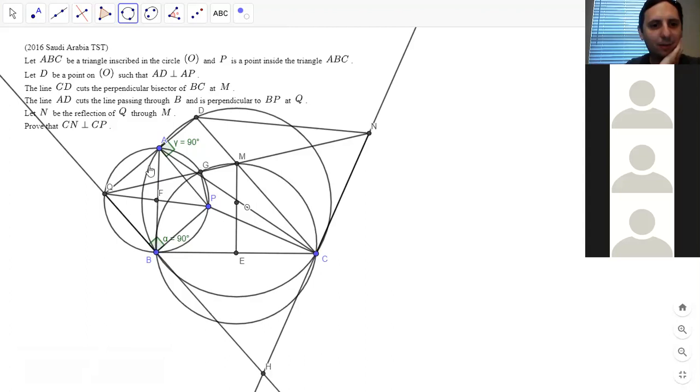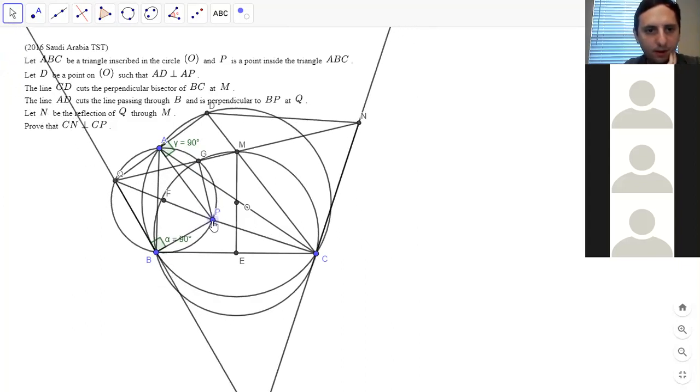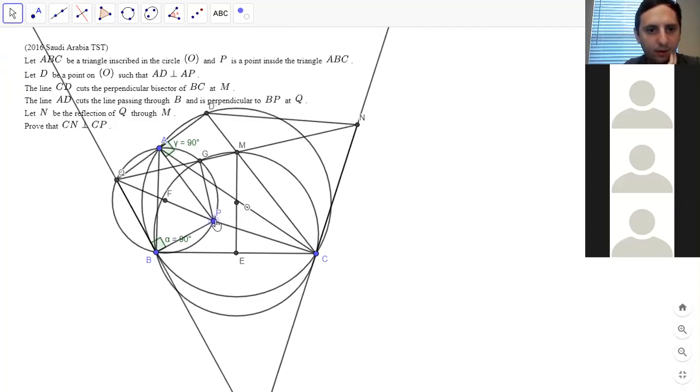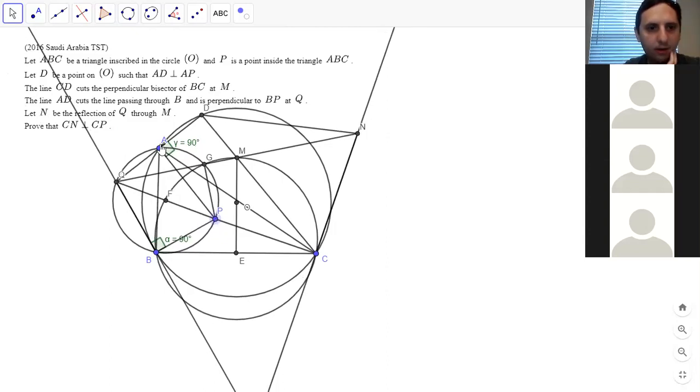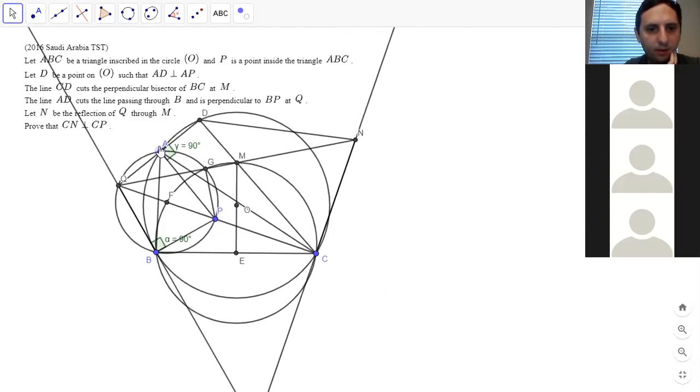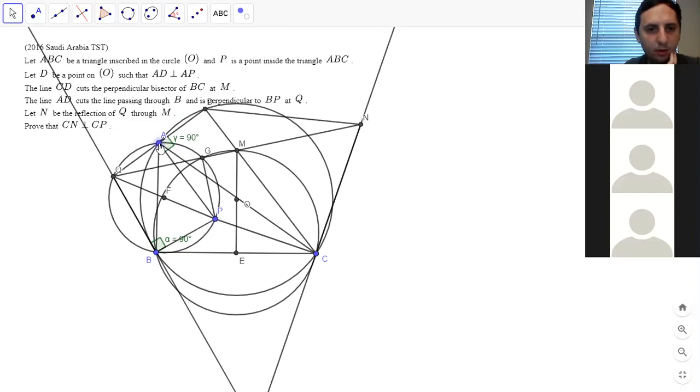I think that might be the key. Is that true though? Is GBCM really cyclic? Yeah, okay. I think that's going to help a lot. So yeah, we don't even really need to intersect these to see that. We just want to show GBCM is cyclic.